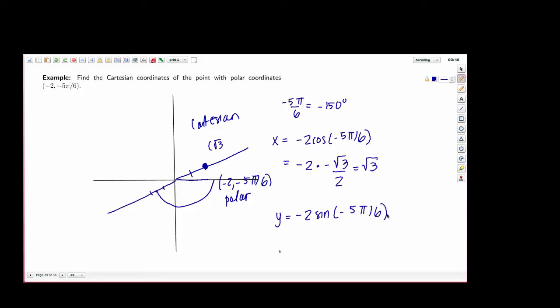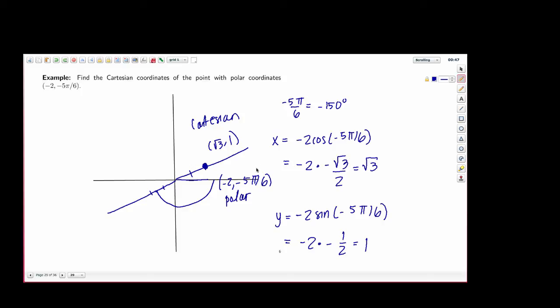Sine of -5 pi over 6, again, draw out your unit circle, is minus a half, so we're getting -2 times minus a half, which simplifies to 1. So our y-coordinate is 1. So this point is over root 3, up 1. x is root 3, y equals 1, corresponds to the polar point (-2, -5 pi over 6).